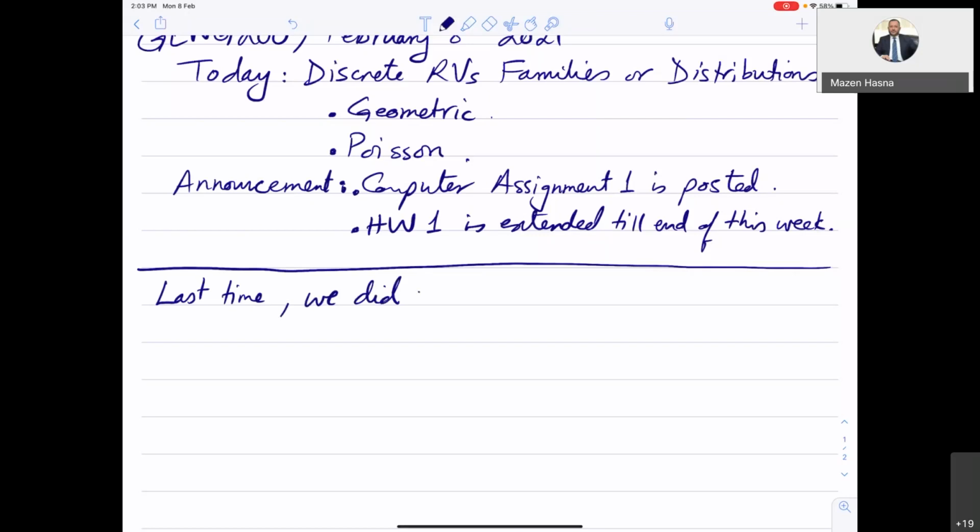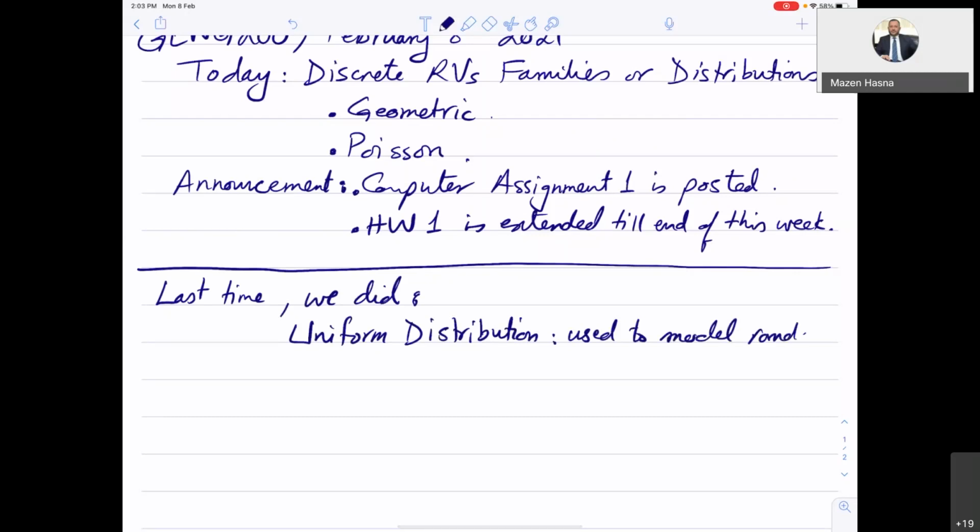We did the uniform distribution, and as mentioned, it's used to model random experiments where outcomes are equally likely.